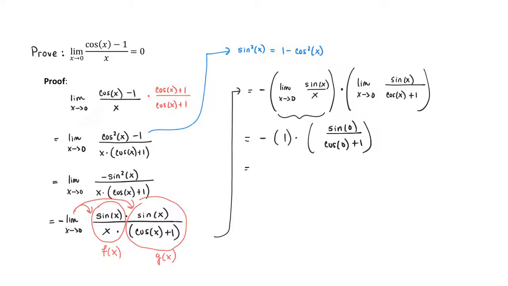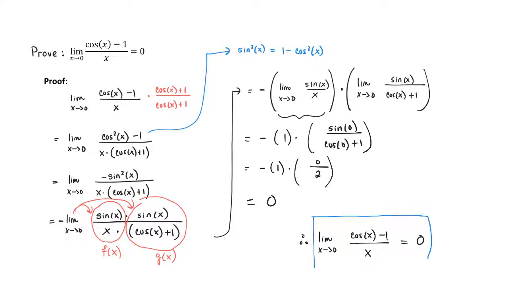That's going to be equal to negative 1 times 0 over 1 plus 1, which is 2, and that is going to be equal to 0, because anything times 0 is 0. So then this is how we show that the limit as x approaches 0 of cosine x minus 1 over x is always equal to 0.